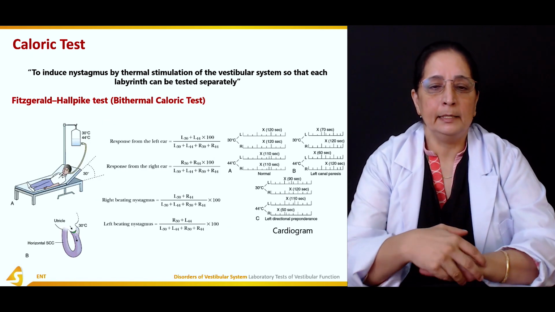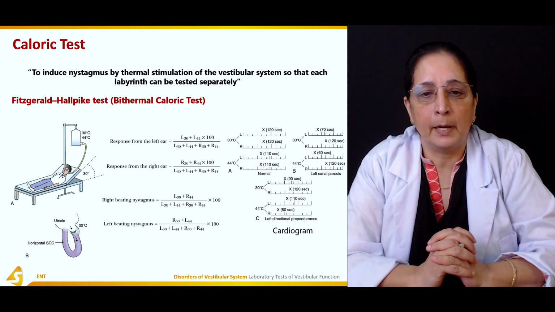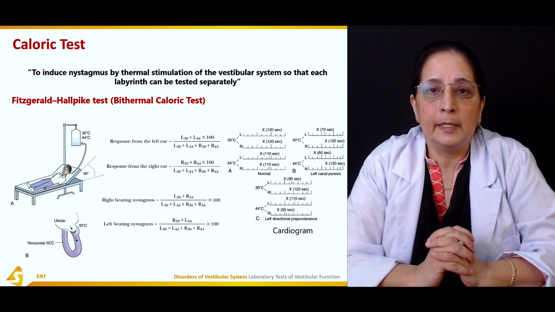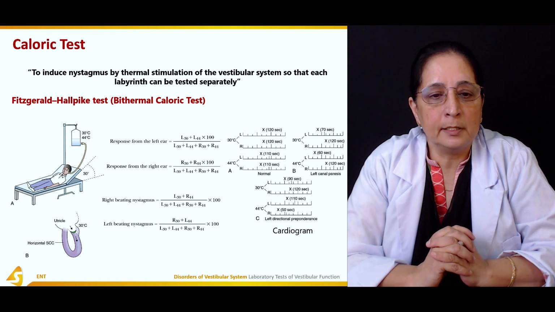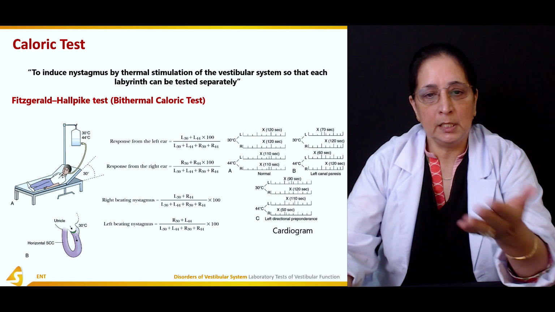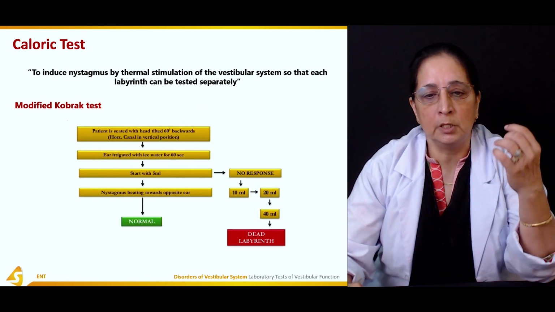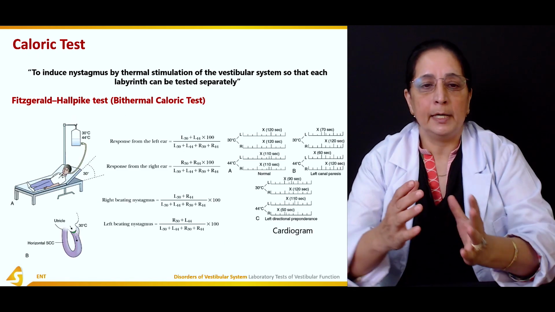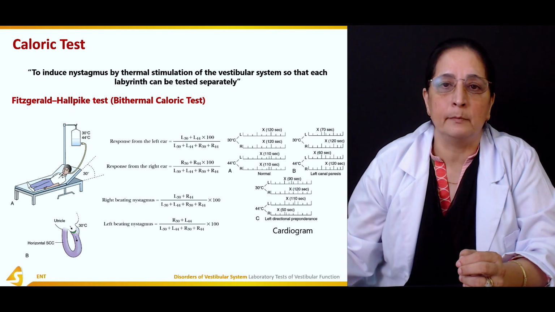Next, the caloric test is the induced nystagmus by thermal stimulation so that each labyrinth can be tested separately. We have the Fitzgerald-Hallpike test. If you see in the modified Kobrak test, we only use ice cold water, but in this caloric test, we use the bithermal.